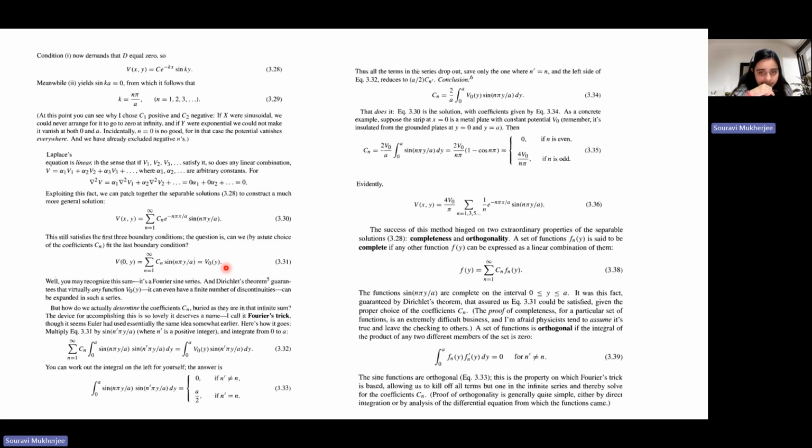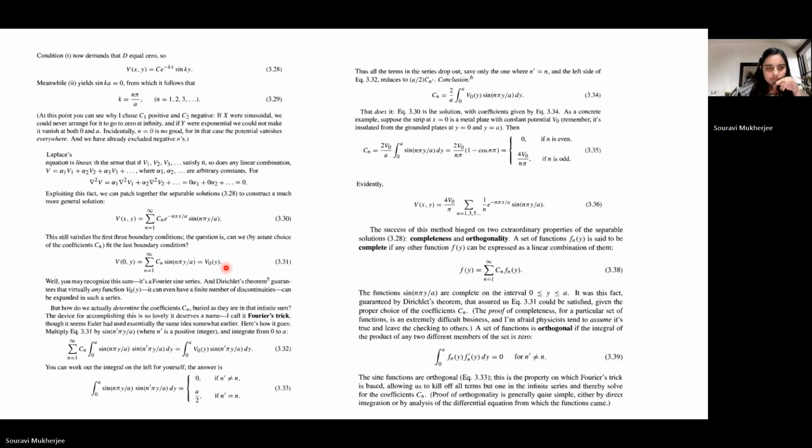And these orthogonal sets have an orthogonality relation, which tells us that, out of a set, orthogonal means that if you multiply, suppose, sine n pi y by a with sine n prime pi y by a, then only when they're equal would you have a non-zero value. Okay, otherwise it will always be zero. So they're orthogonal to each other.